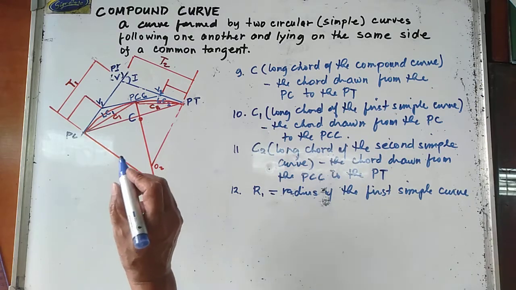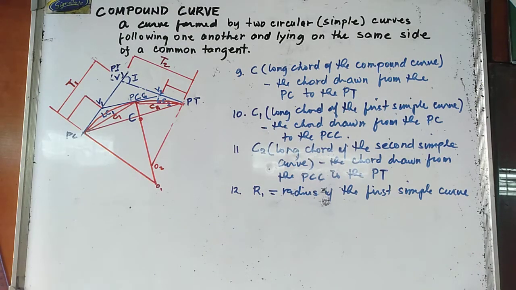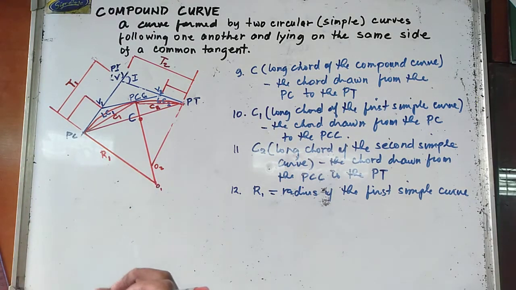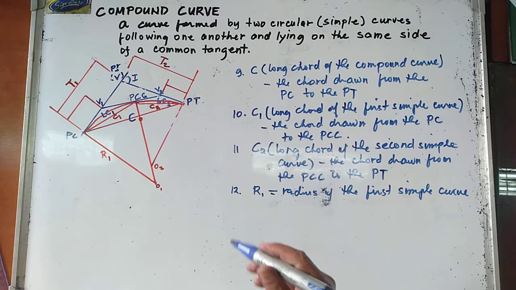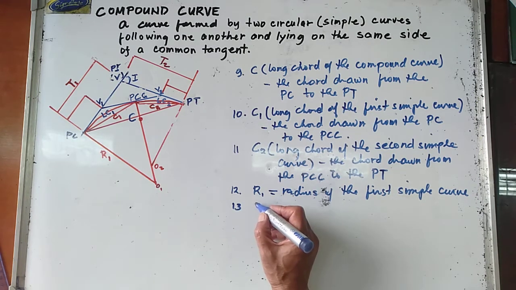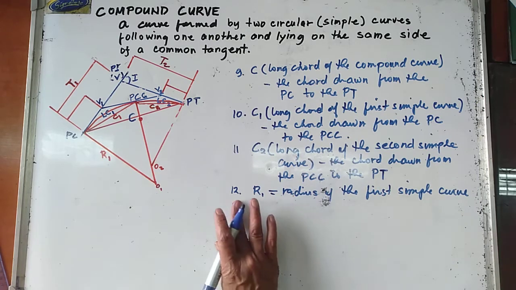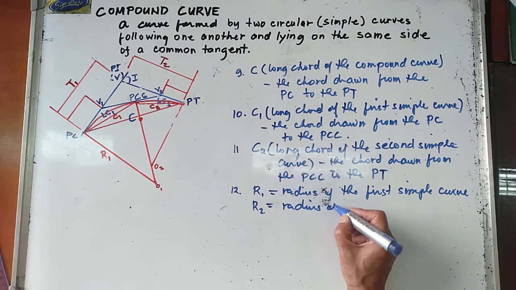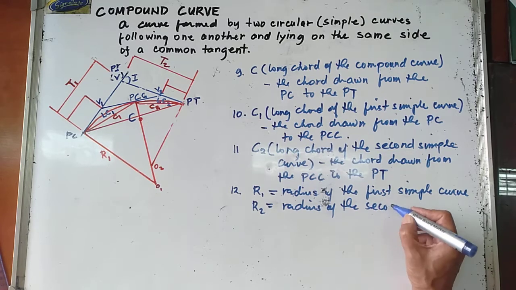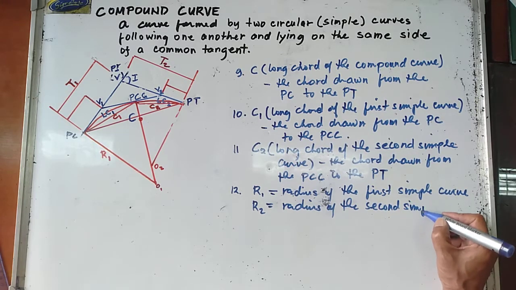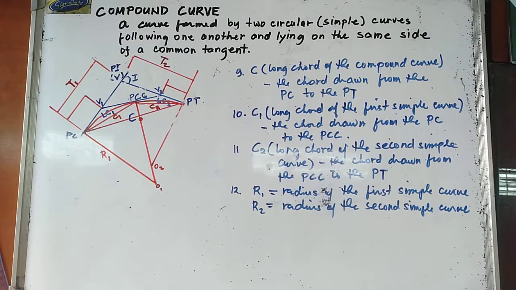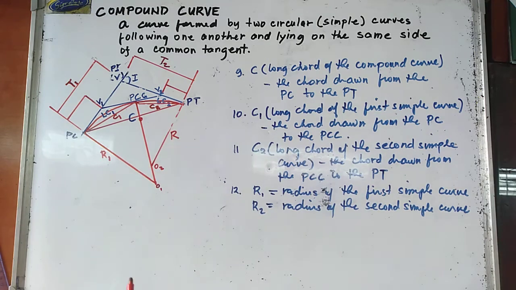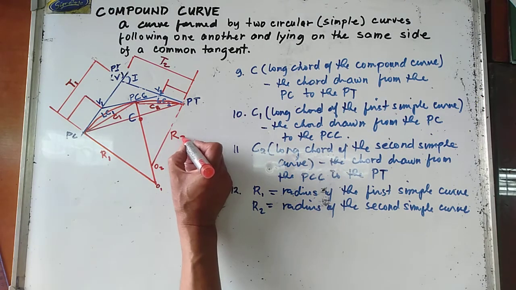Another one is your R sub 2, which is the radius of the second simple curve. This is therefore the radius of the second simple curve, which is equal to R sub 2.